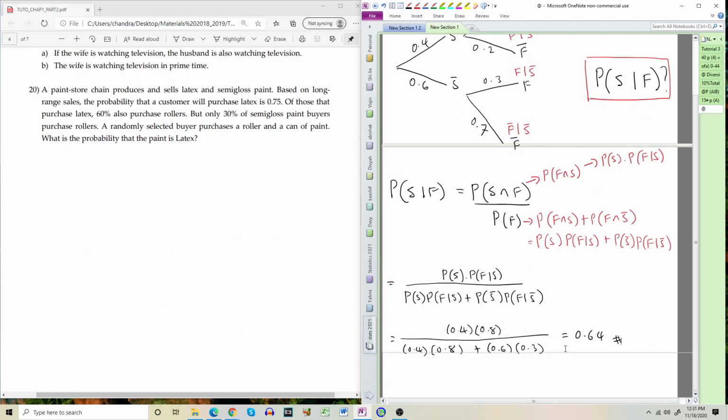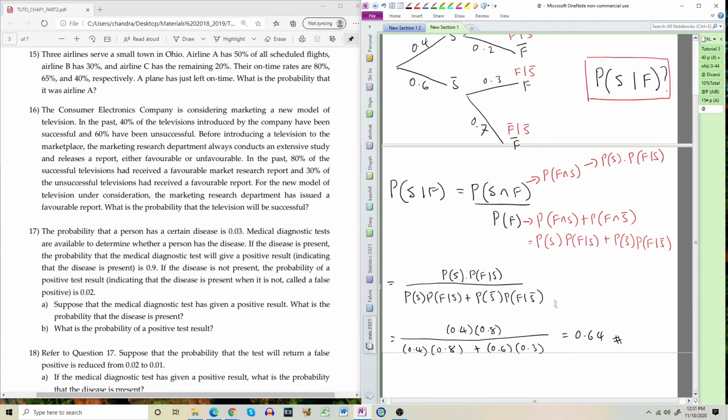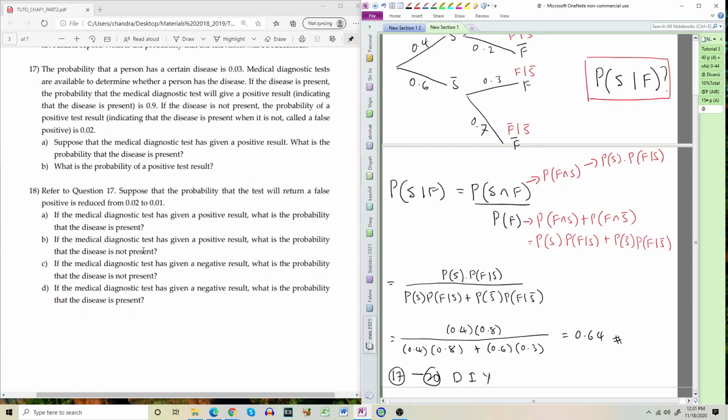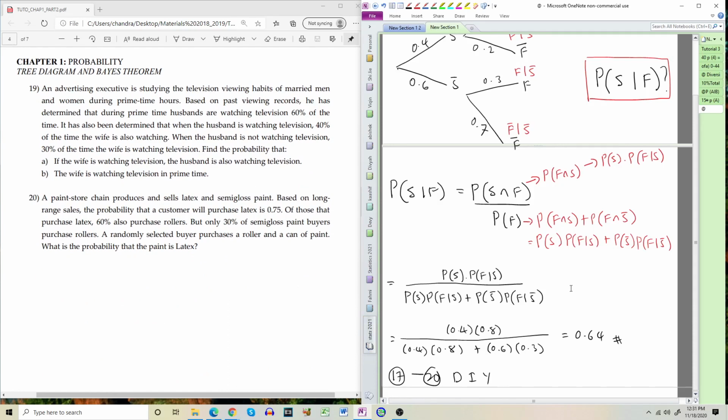So for questions 17 to 20, you guys try to do it yourself. Try first. It's quite easy. It's almost similar to the previous question. If you cannot get the answer, then you can ask me, or you can always ask me. But you guys try first.